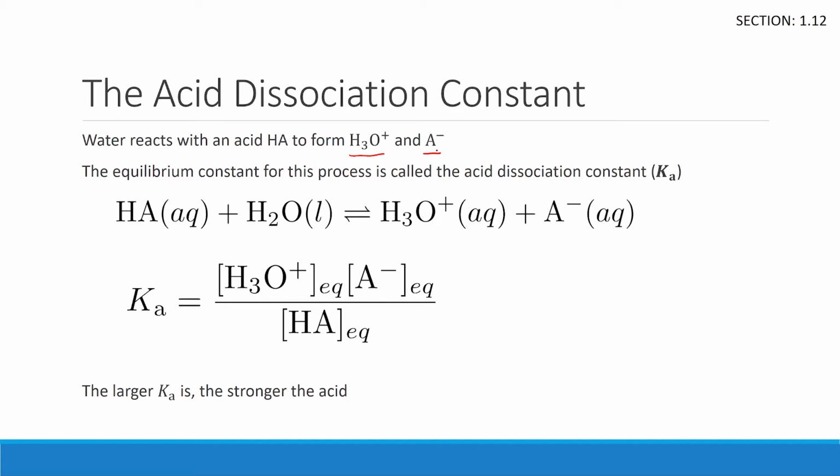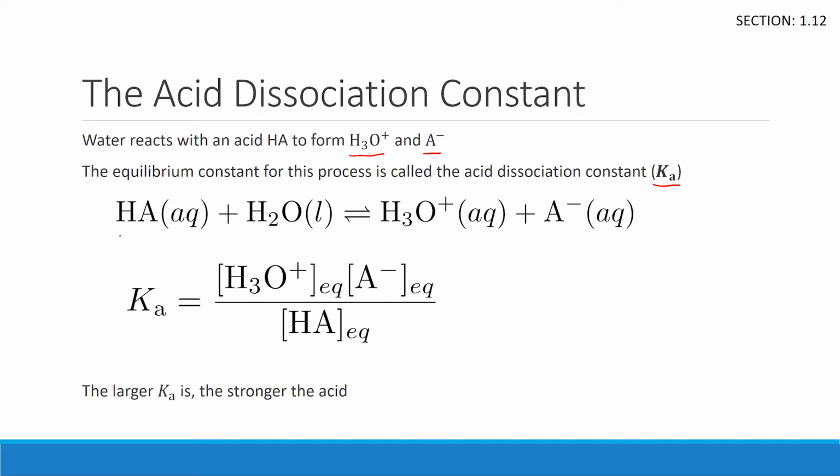So it dissociates into a proton, which reacts with the water to make H3O plus. This is the conjugate acid and the conjugate base, A minus. And the equilibrium for this whole process we define as Ka, this acid dissociation constant.